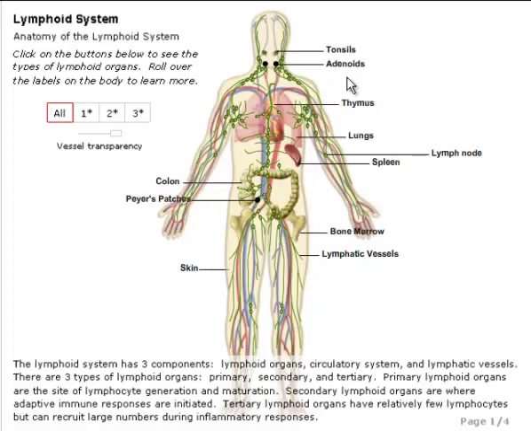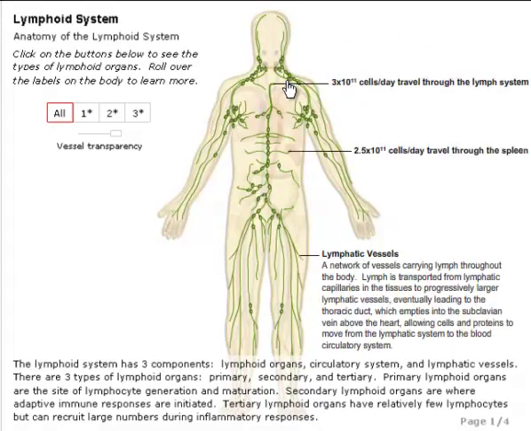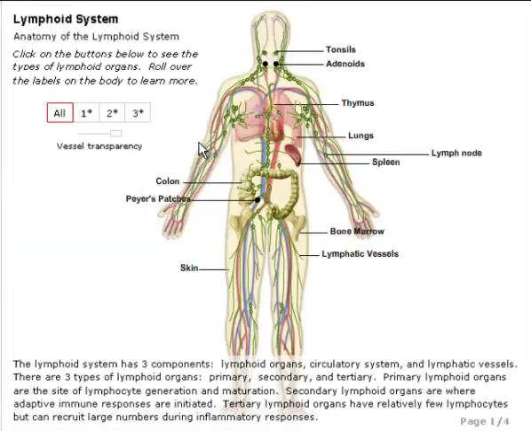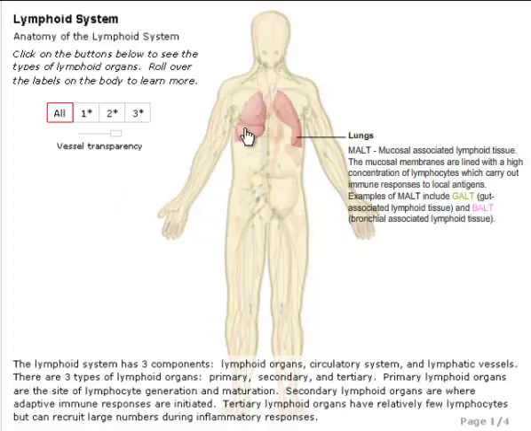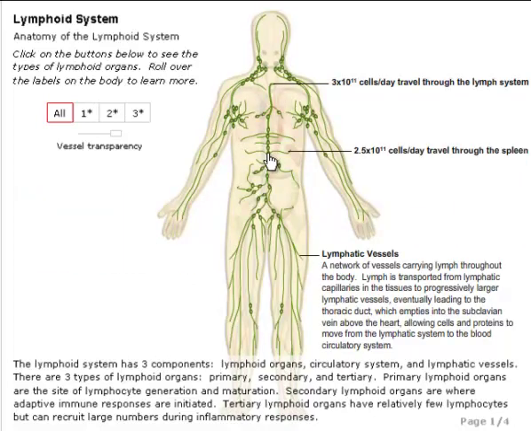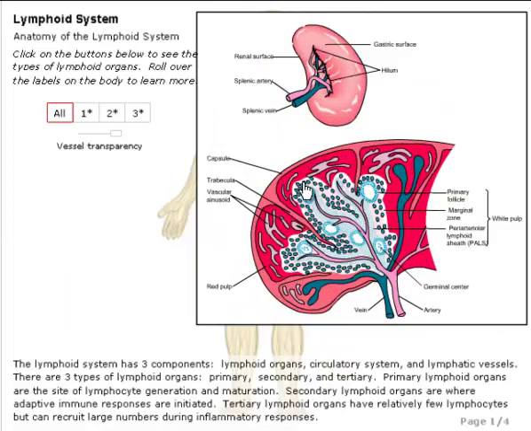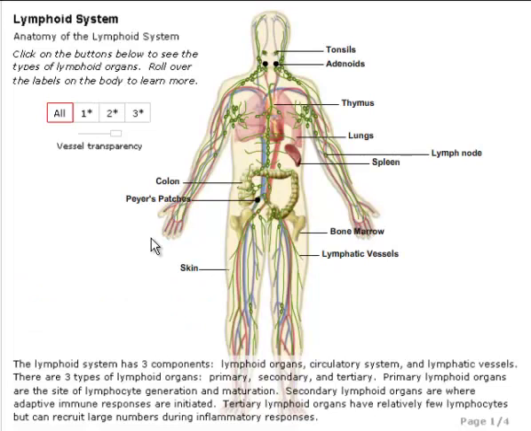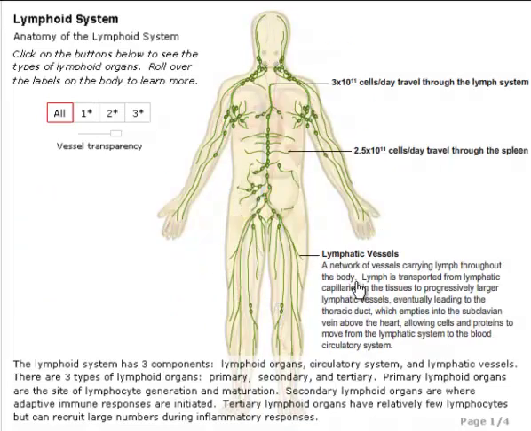If you come to this one, you can mouse over all these different areas, and it will give you a view of specific components so that you can read about the involvement of different organs within the immune system, the lymph system itself, the spleen, the skin. Anything you want to mouse over in this diagram, you can learn just a little bit more about it.